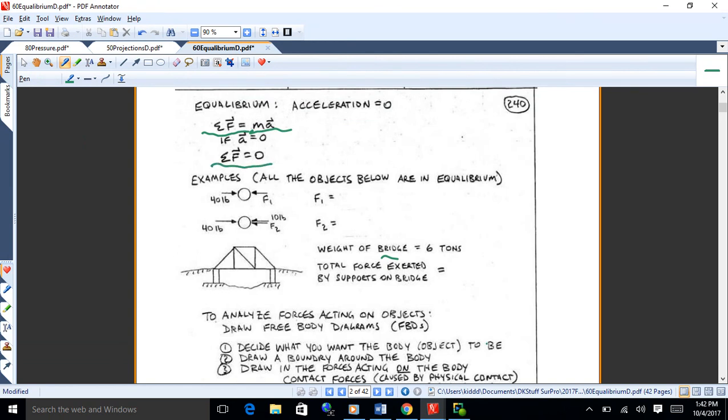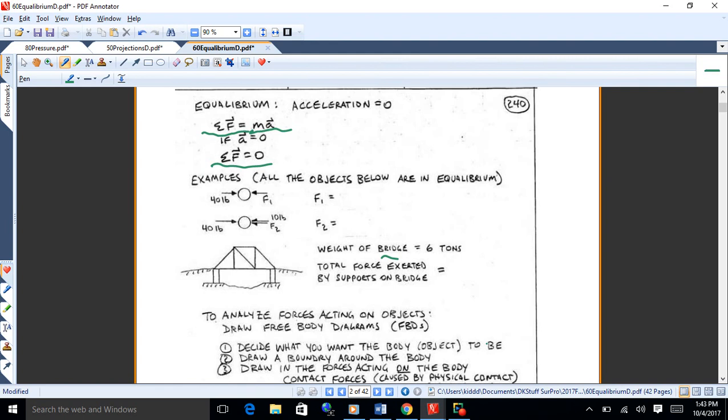Okay? The most common case when a is 0 is when you have no motion at all, which is 90-some percent of the time. That's what you use for statics. You do have a special case of moving at a constant velocity with no acceleration also. That also is statics. But normally we think of statics as not moving at all. That's where the word comes from.